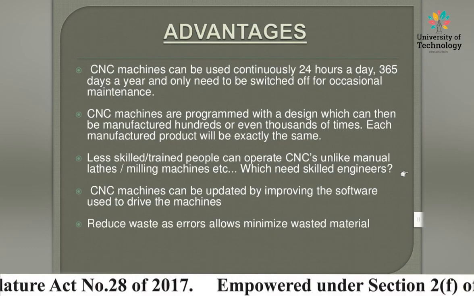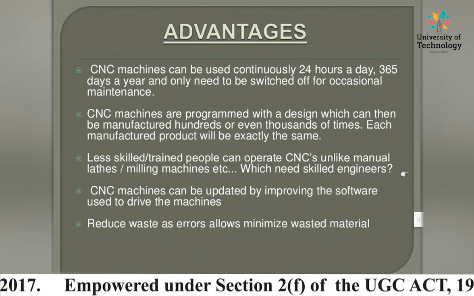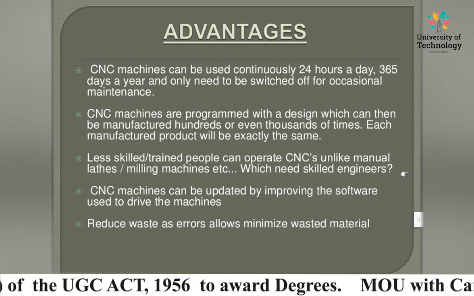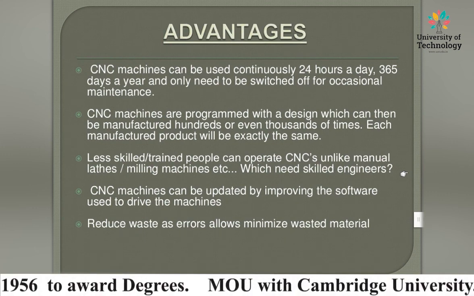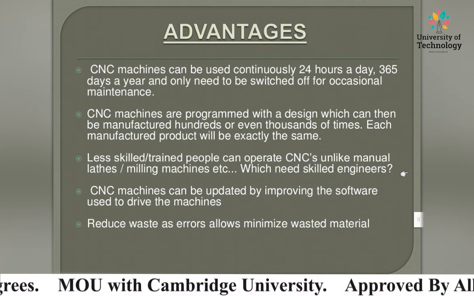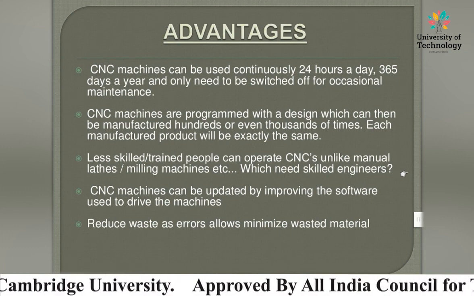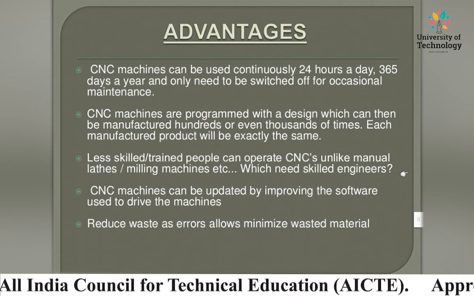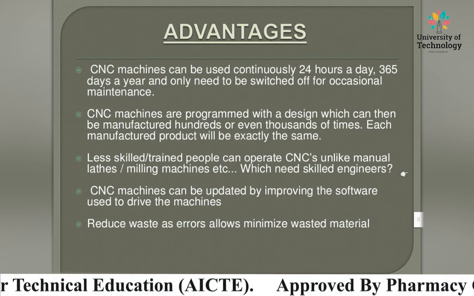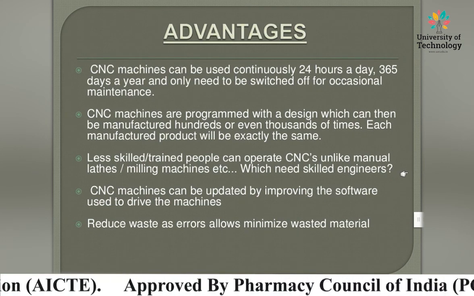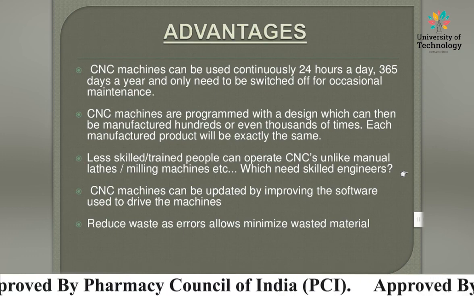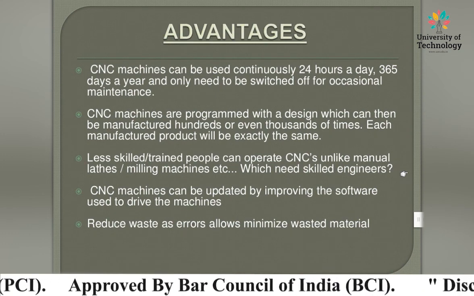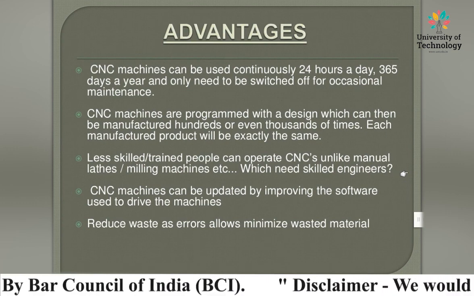Less skilled, trained people can operate CNC, unlike manual lathe machines, milling machines, etc., which need skilled engineers. CNC machines can be updated by improving the software used to drive the machines, which reduces errors, minimizes waste of materials, and gives higher accuracy of the particular product.